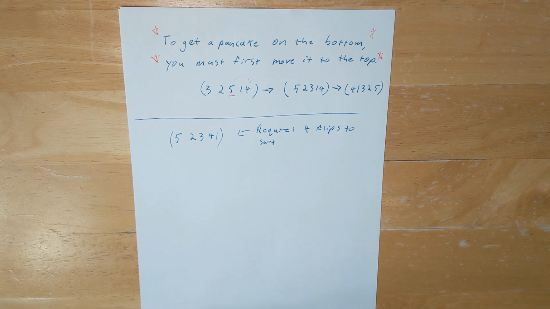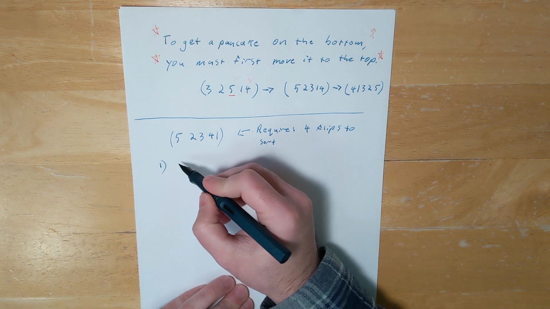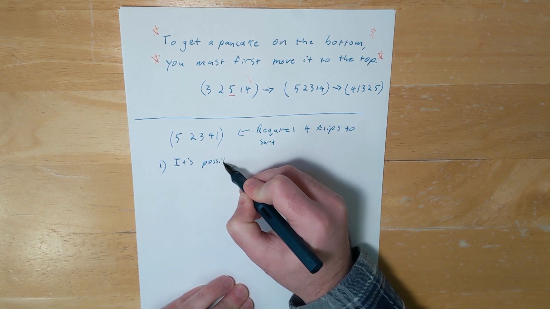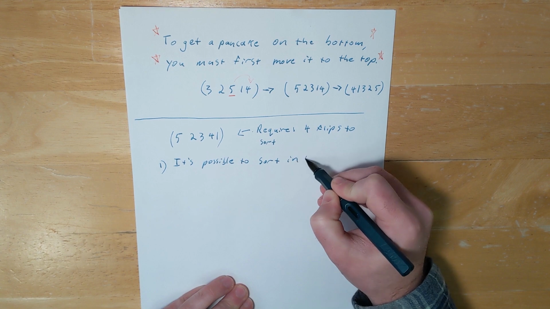That is, in order to show that it requires 4 flips to sort, we need to show 2 things. We first need to show it's possible to sort in 4 flips.